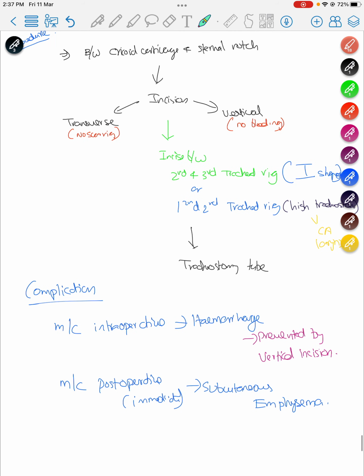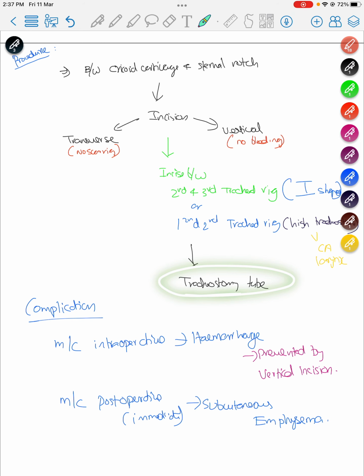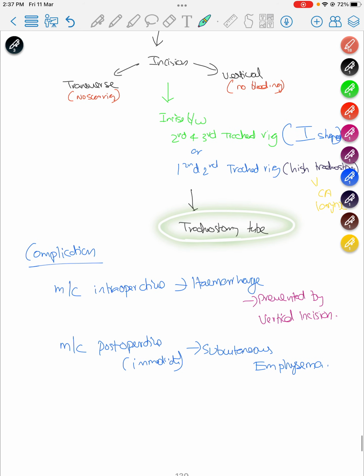Then you should insert the tracheostomy tube.